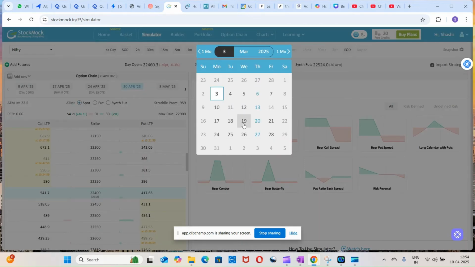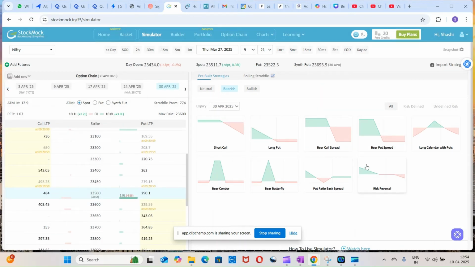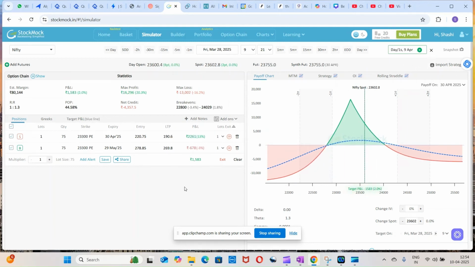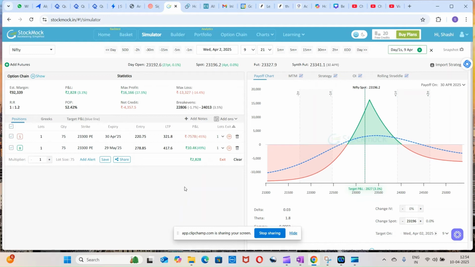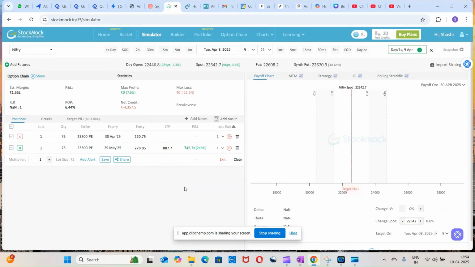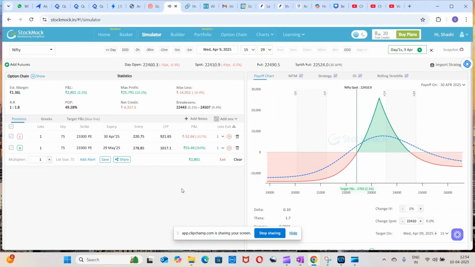Let's go back, take 9:21 and then 12:30, and take the long calendar with puts. Let's run it. This is profitable from day one itself. This strategy also ended in profits.